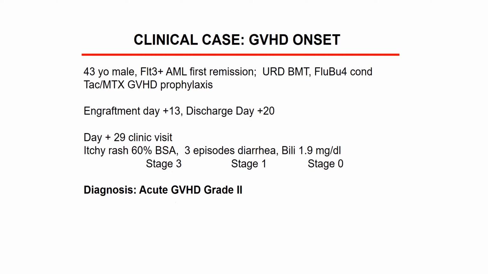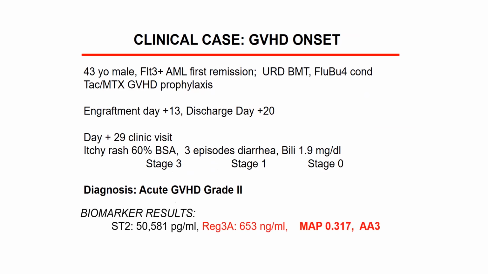So the same patient, same clinical presentation on the day 29 visit. He's got overall grade 2, but you send the biomarkers, and now you get a different result. I've left the ST2 the same, but now his REG3 alpha is over 600, and now this gives him a MAP of 0.317 just from the difference in the REG3 alpha.